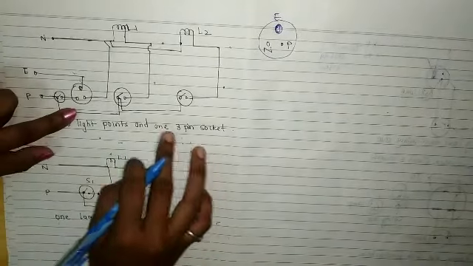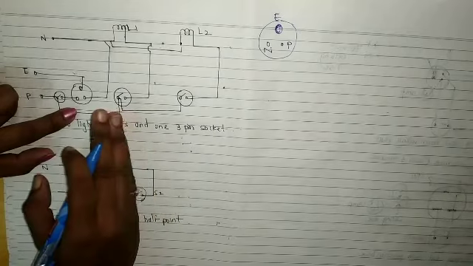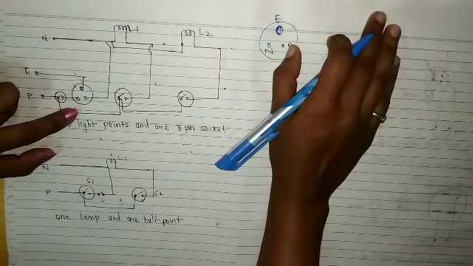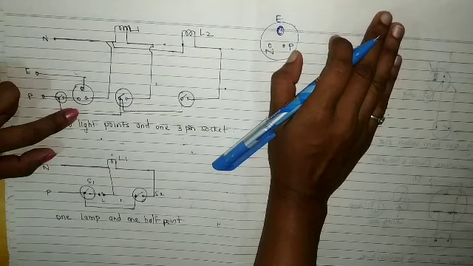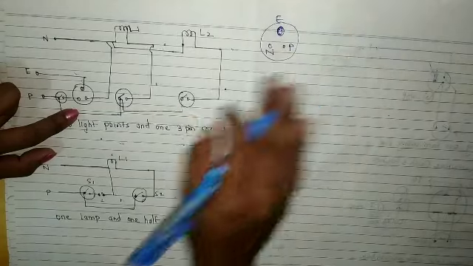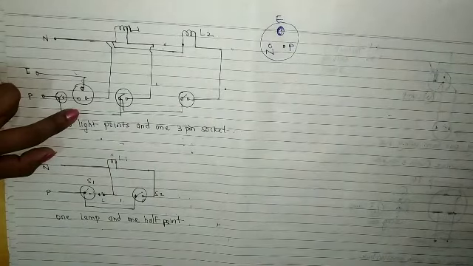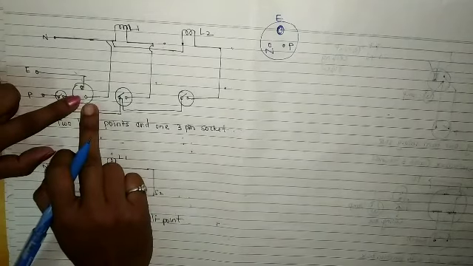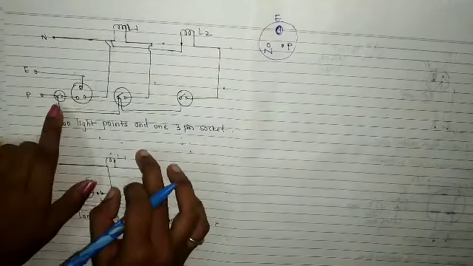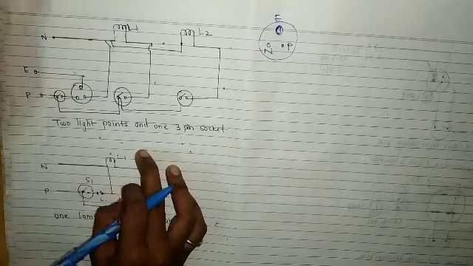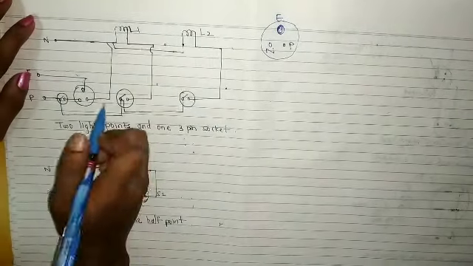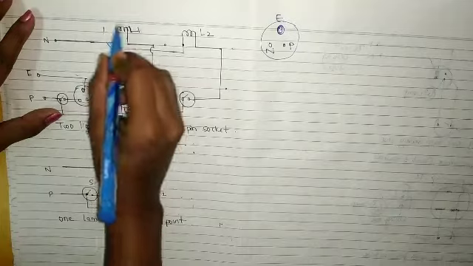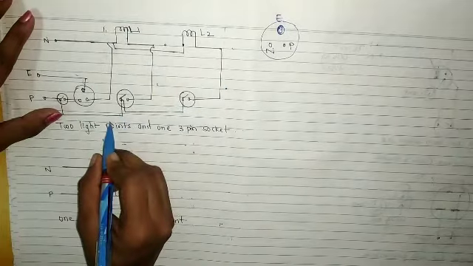Now as we have drawn the diagram for one lamp and one switch, and 2 lamps and 2 switches, similarly here also, what we have to do is include a 3 pin socket and one switch for this 3 pin socket. So see here, this construction is similar to what we saw in our last diagram.